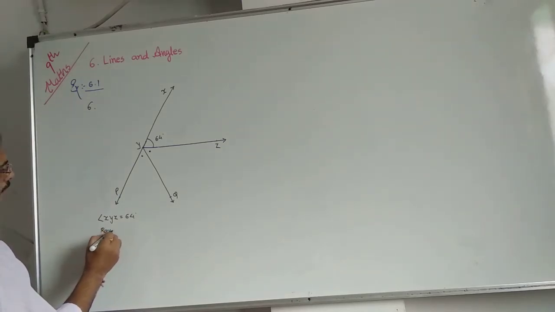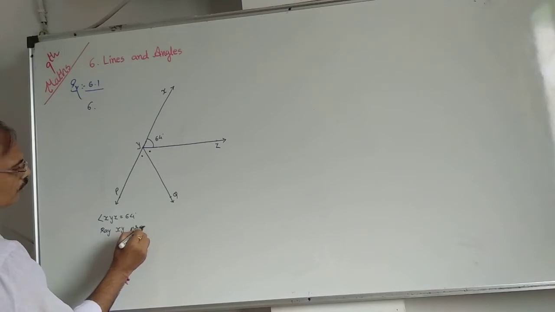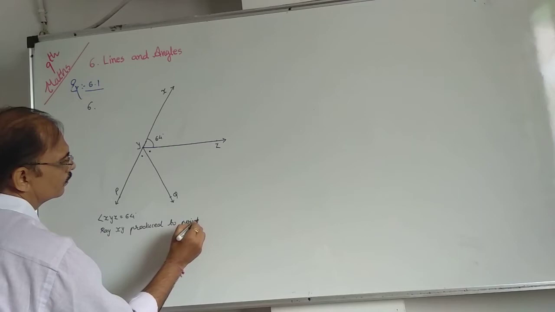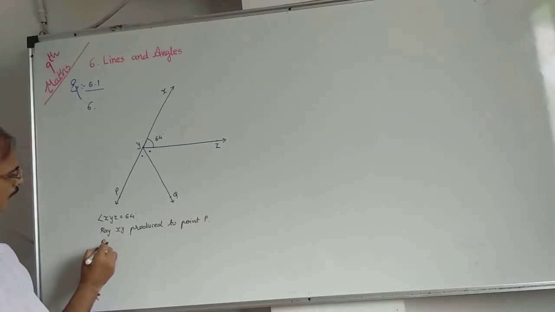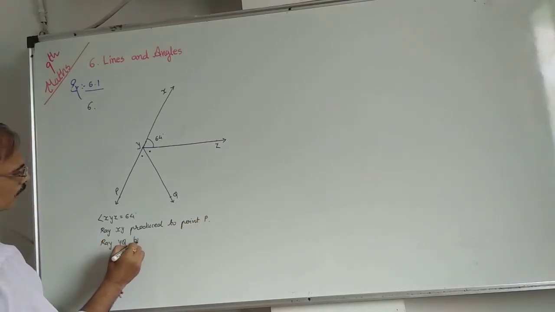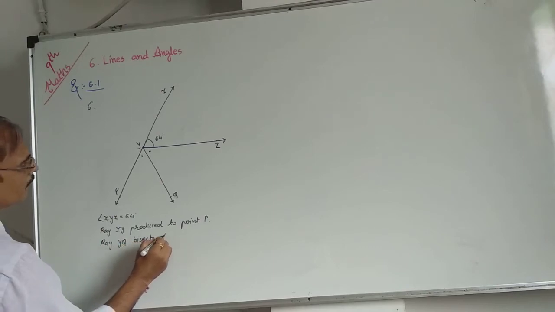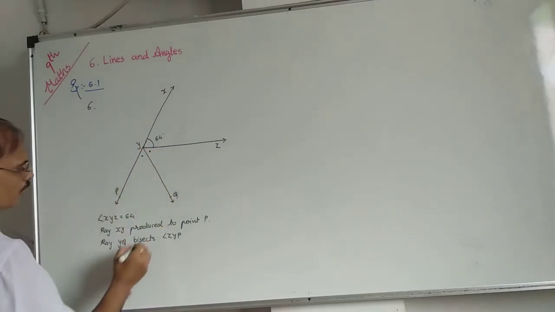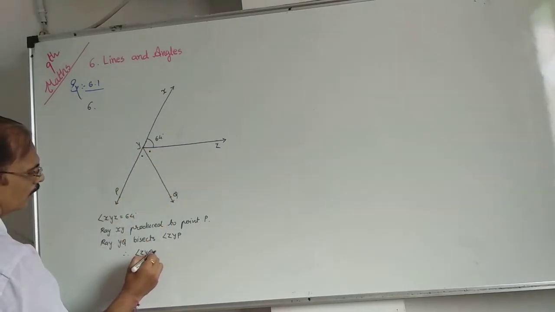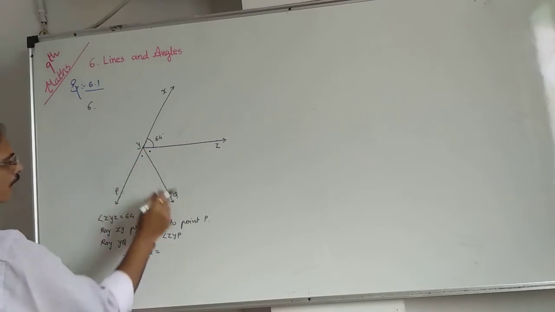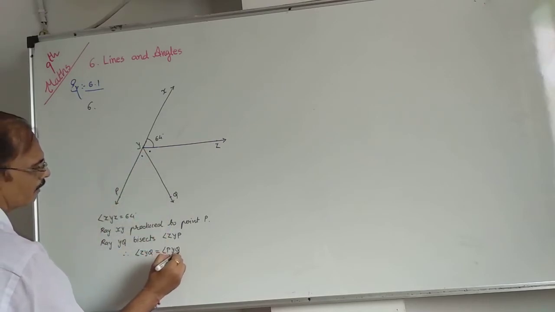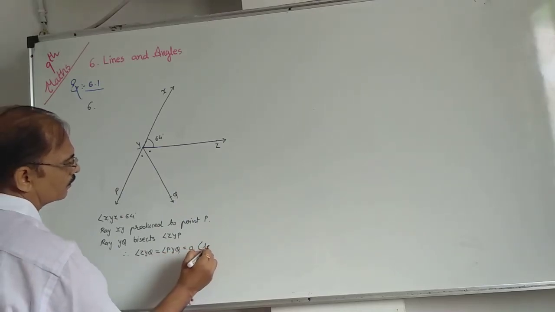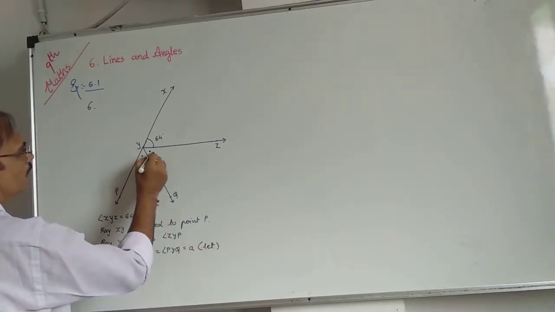Ray XY produced to point P, ray YQ bisects angle ZYP. It means what? Angle ZYQ equals to angle PYQ. Bisect, then these two angles are same. Suppose this angle is small a, left. If this is a, this is also a.